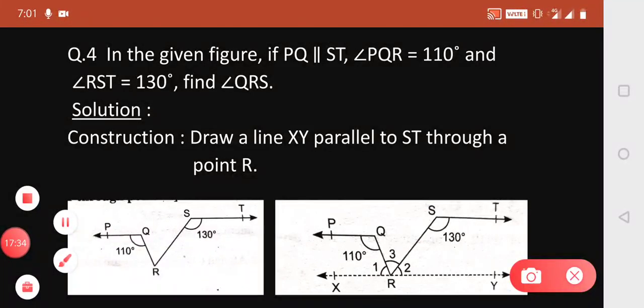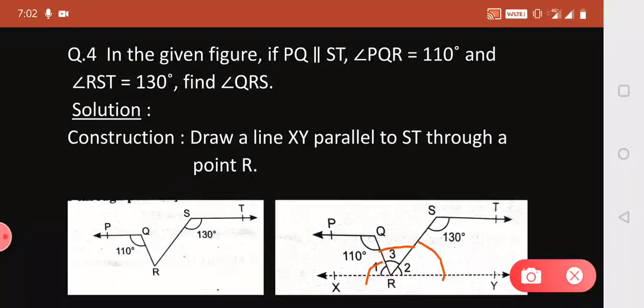We can see in figure that angle QRX, which is given as angle number 1, plus angle QRS, which is given as angle number 3, plus angle SRY, which is given as angle 2. When we add all these three angles, we get 180 degree according to linear pair axiom.